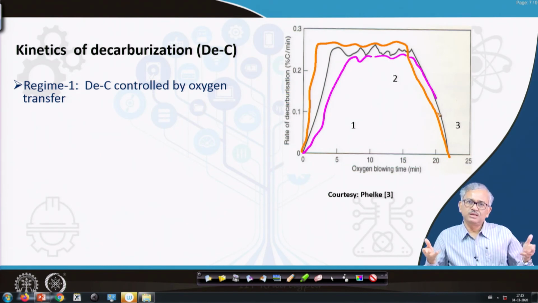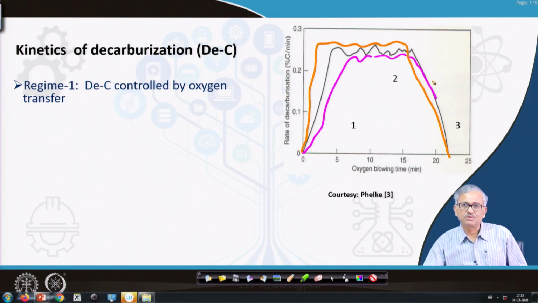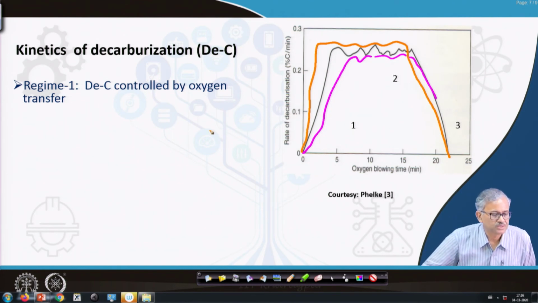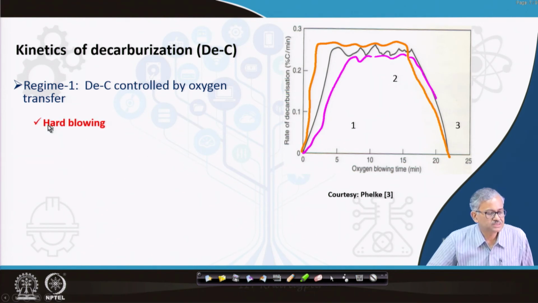Now you are depleting in carbon, so it is the carbon mass transfer that basically controls the overall process here. Here blowing practice has no role to play, and only in the first regime does blowing practice have a role to play. During the initial blow you can move the jet up and down and you can control it. That has a very great effect.